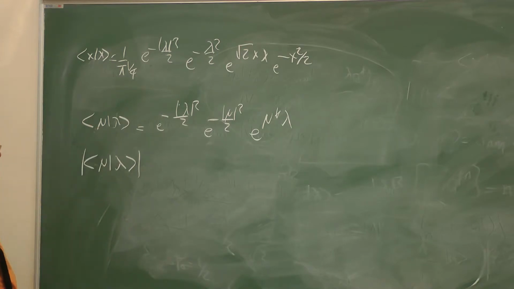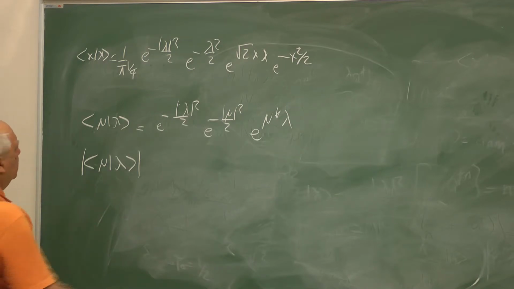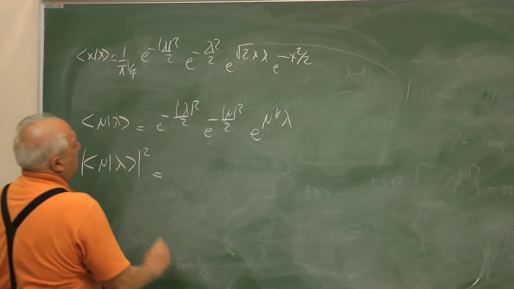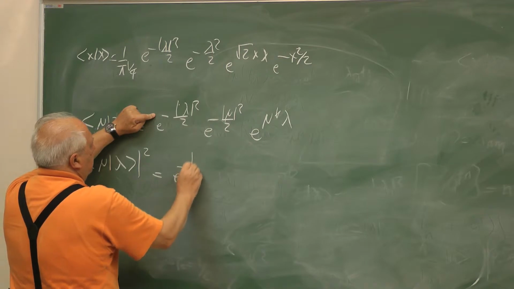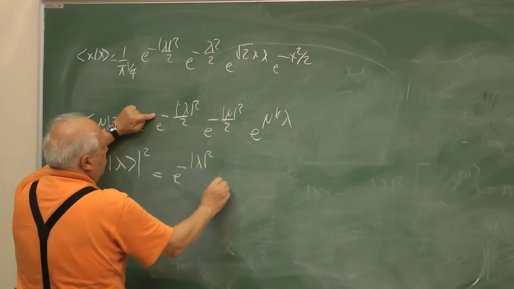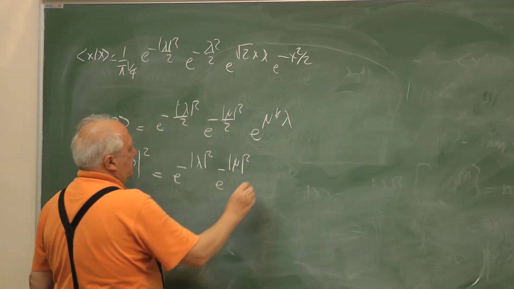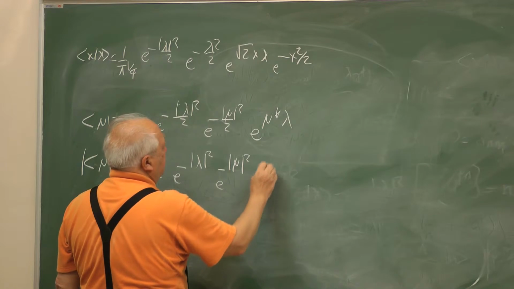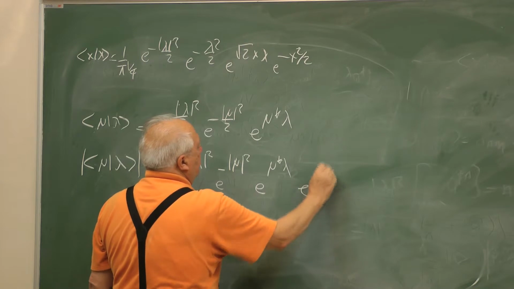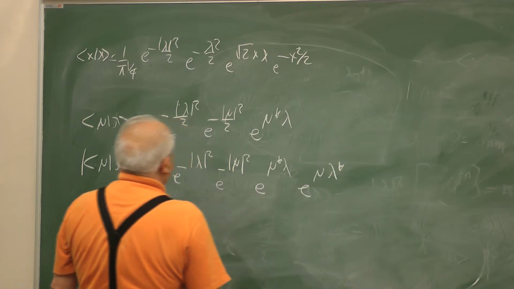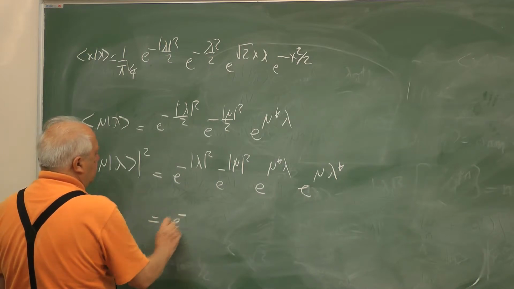Let's look at the probability that we can find lambda in this state prepared as mu, absolute square. So this is e to the minus lambda absolute square, this is a real number so it's simply the square, and this is e to the minus mu absolute square. This will come with itself and its complex conjugate, e to the mu star lambda, e to the mu lambda star.